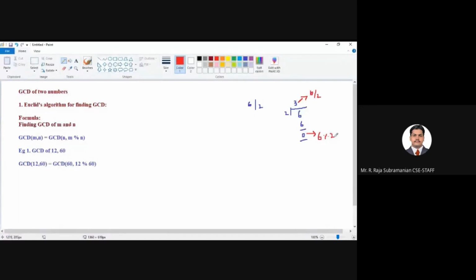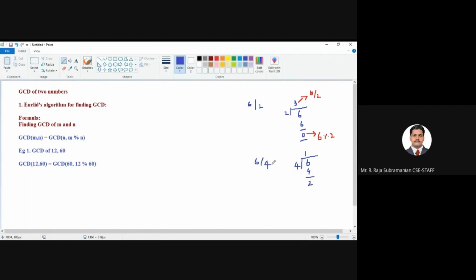I'll ask another question. Same 6 divided by 4. Can you say what will come here? I'll write 6 here, 4 here. Quotient 1, remainder 2.